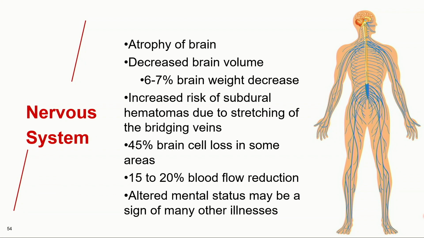So we're more prone to subdural hematomas. There may be a significant number of brain cells lost in certain areas over others, decreased blood flow, and the key at the bottom there, that altered mental status is not necessarily a sign of a problem with the nervous system, that it may be a sign of something completely different.